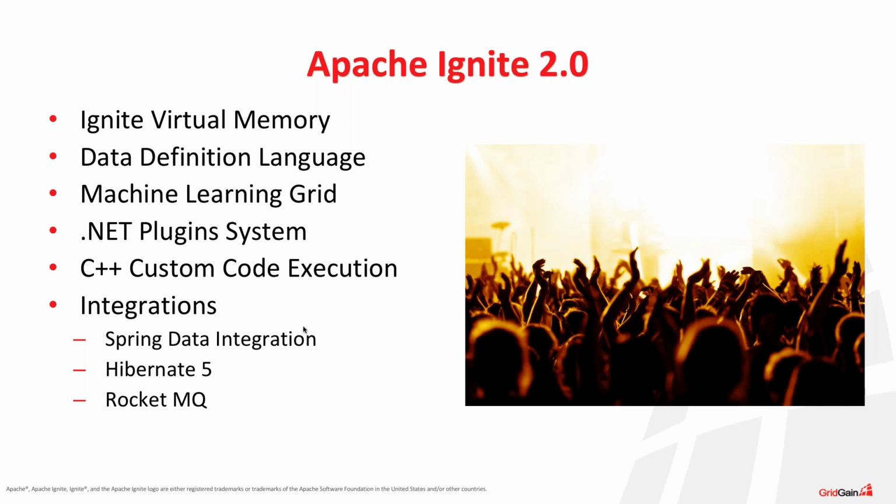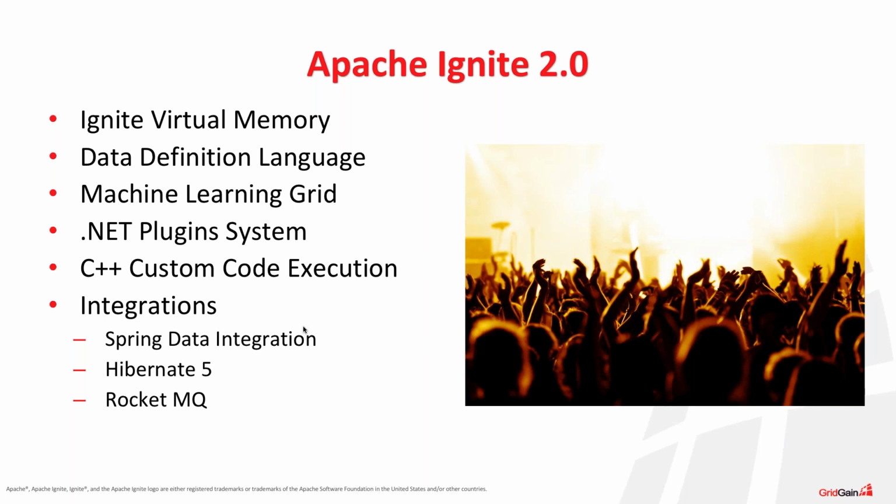If you're a fan of Spring Data modules and frameworks, now you can connect to your Apache Ignite cluster by means of Spring Data repositories and interact with your cluster using the APIs provided by Spring.